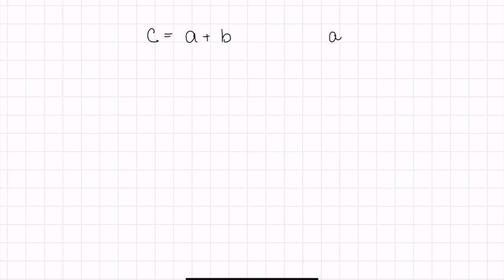So let's say that we have C equals A plus B, and A, I'll just say, is equal to 5 plus or minus 0.5. B is equal to 7 plus or minus 0.1. And I guess I'll make these masses, so I'll put some units on there of kilograms.